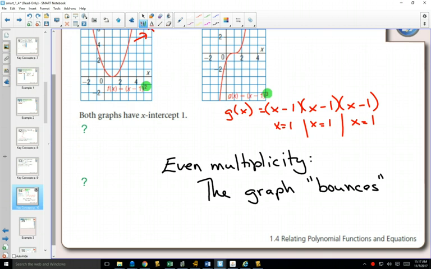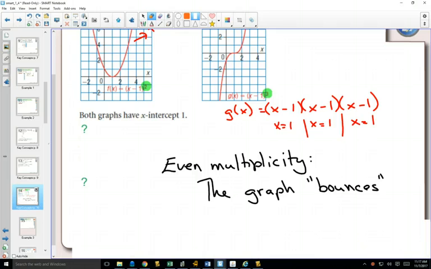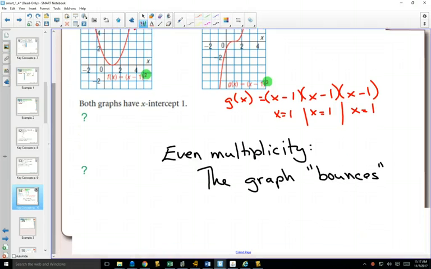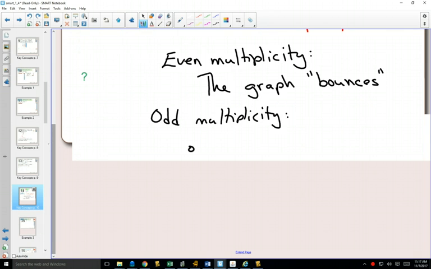Okay? If you have an odd multiplicity, an odd multiplicity always goes through. Sometimes it's straight through, sometimes it bends. So if you have an odd multiplicity, say, of 1, the power is 1, that's when it goes straight through.